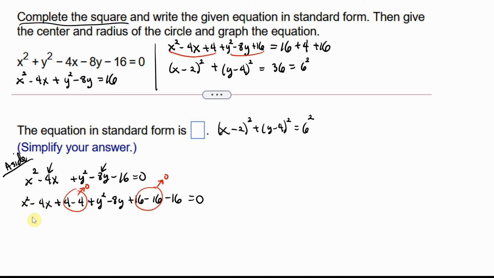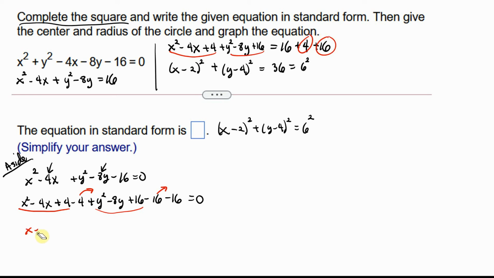So now, this is the perfect square trinomial. That's the perfect square trinomial. That minus 4, we add to both sides, and that's how we pick up the plus 4 over here. And we add this 16 to the other side, and that's how we get the plus 16 over there.